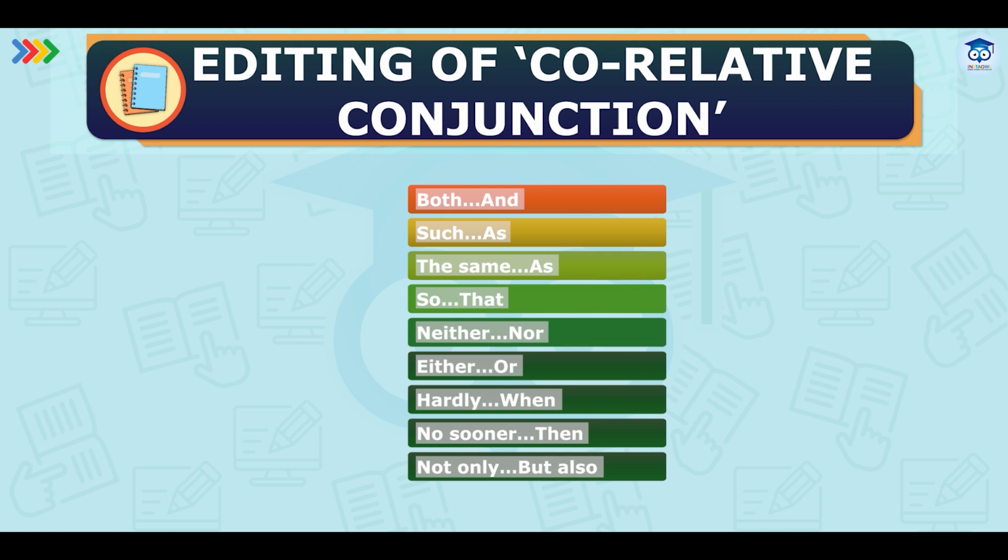For example, you might say, both the teacher and the student were present. This shows that two people were involved together. Or you could say, she's not only intelligent but also hardworking, which adds emphasis to her qualities. Using these conjunction pairs helps make your sentences more interesting, balanced and clear.